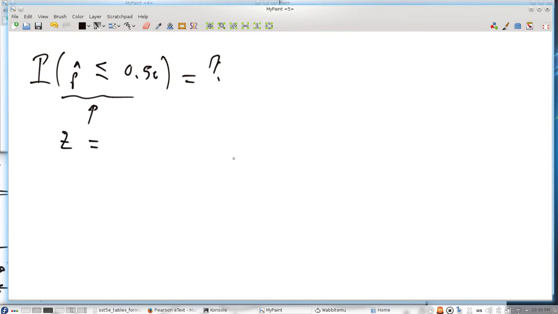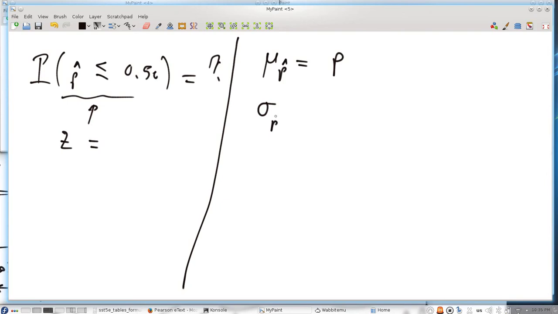So essentially, the following lists the properties associated with the sampling distribution of the sample proportion. The mean of the sample proportion will ultimately be the true population proportion, and the standard deviation of the sampling distribution of the sample proportion is sigma of p hat equals the square root of p times q over n.